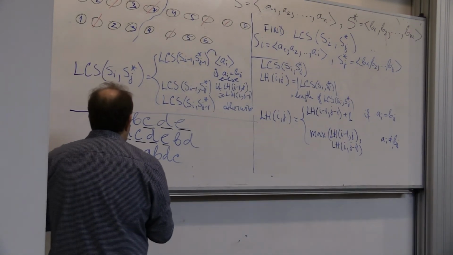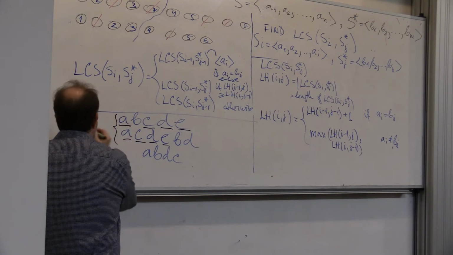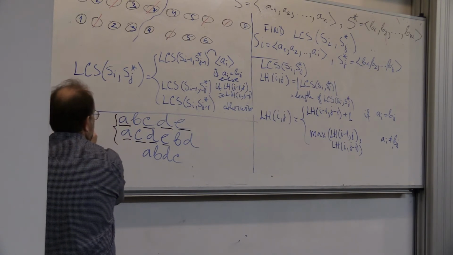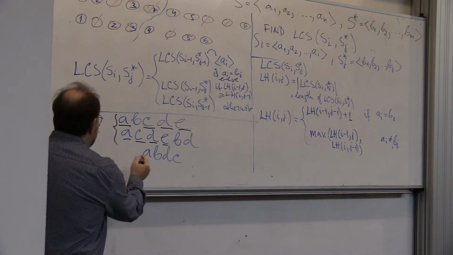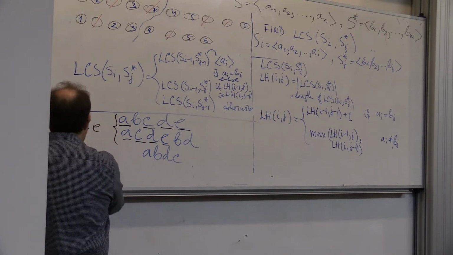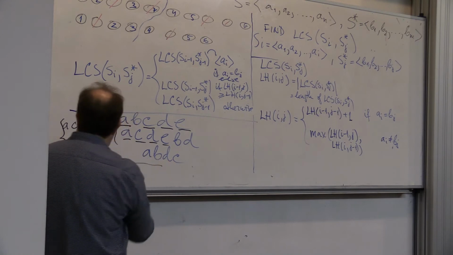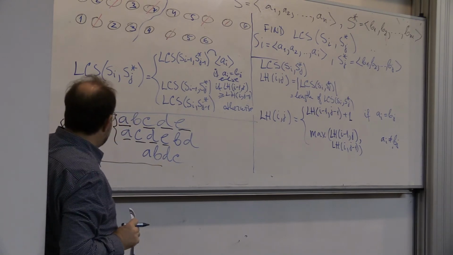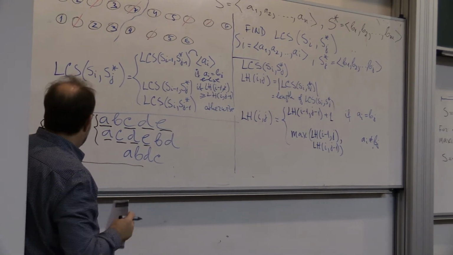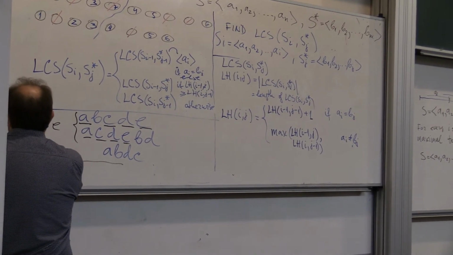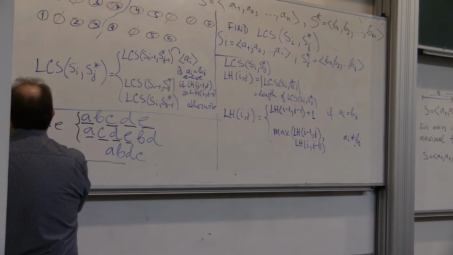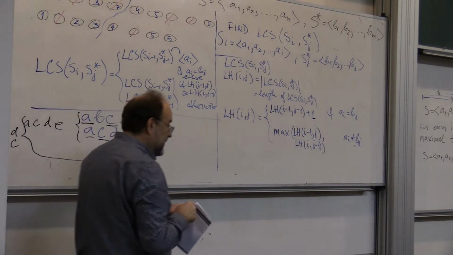So the solution for these two is A, C, D, E. Now when I take these two and this one, what is the longest common subsequence? It is either AD or AC.